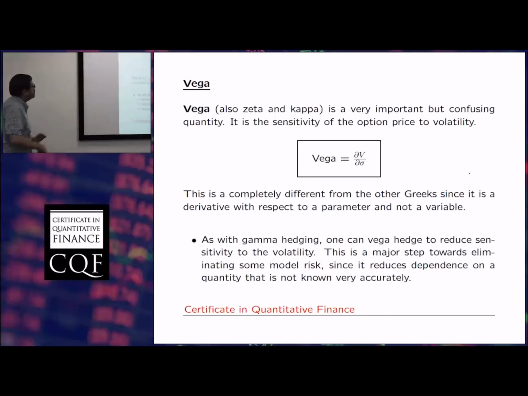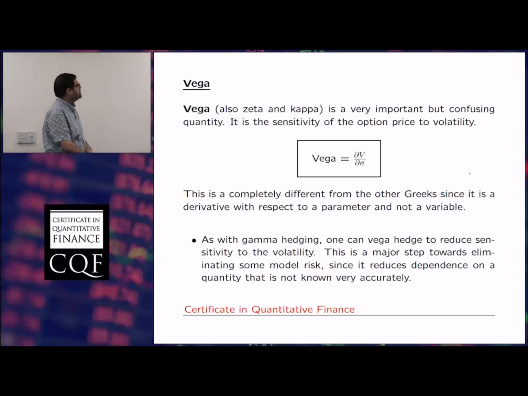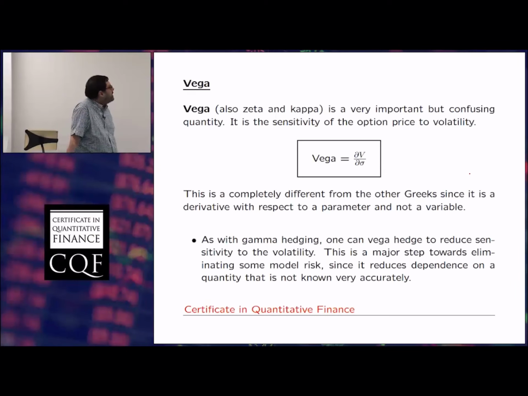So sometimes people will denote this with a kappa or a zeta. So when there's a change in the volatility, a 1% change. However, we know that when there is a change in the volatility, it might be in terms of the basis points. So this is Vega.